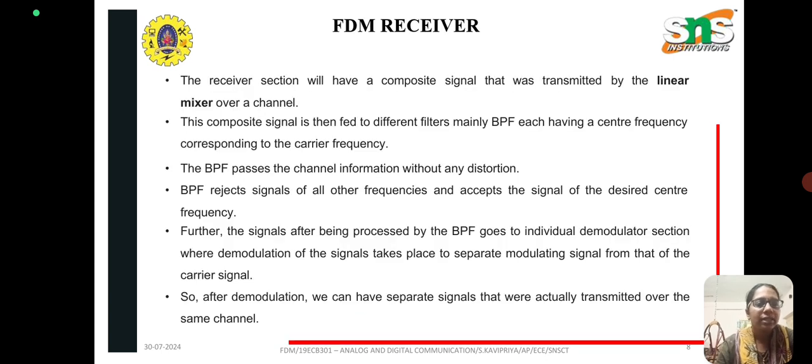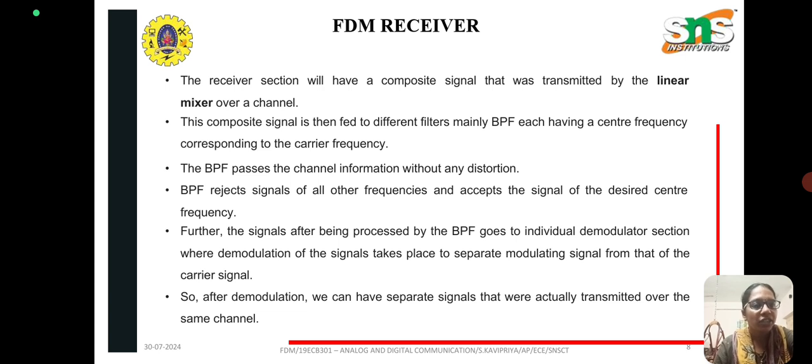The receiver station receives the composite signal that was transmitted by the linear mixer over the channel. This composite signal is then fed to different filters, mainly band pass filters, each with a center frequency corresponding to the carrier frequency. The band pass filter passes the channel information without any distortion.